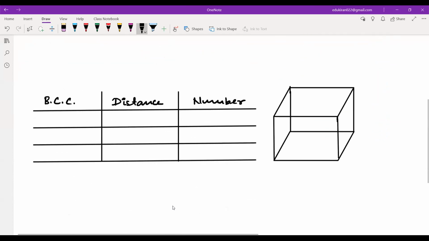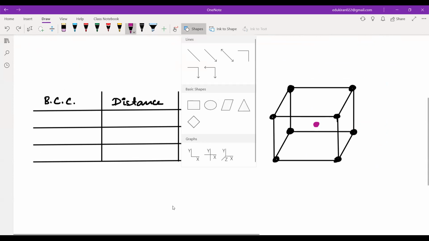Similarly, moving on to the BCC. So in BCC, what do we have? We have corner atoms. And then we have one atom at the body center. We all know that this body center is connected.